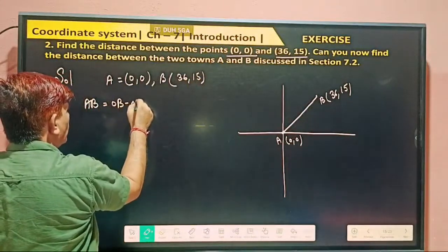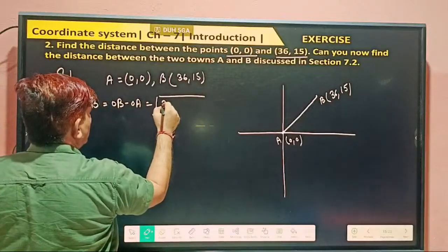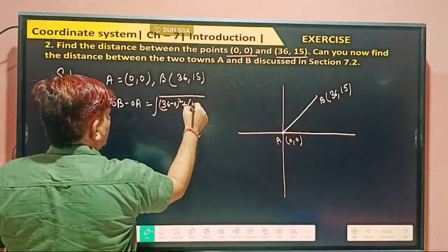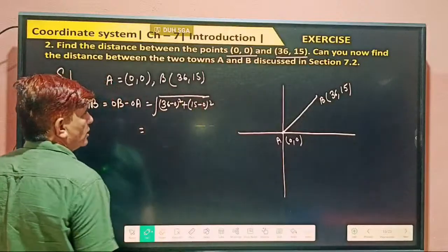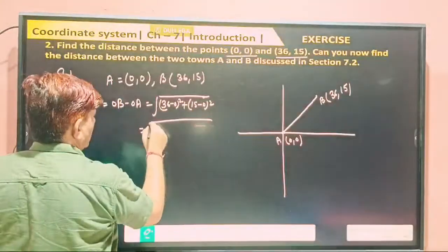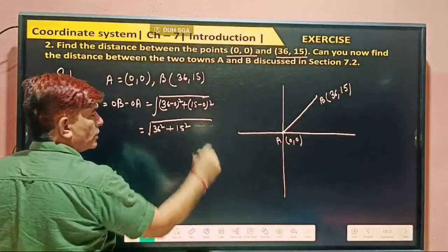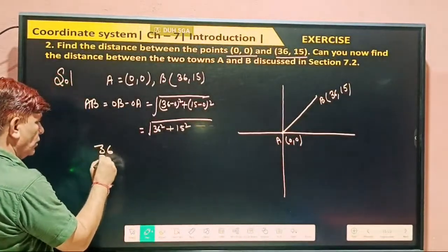OB minus OA. So what is this? This means 36 minus 0 whole square plus 15 minus 0 whole square. So what's its meaning? It means 36 whole square plus 15 whole square. 13 whole square, 36 into 36.